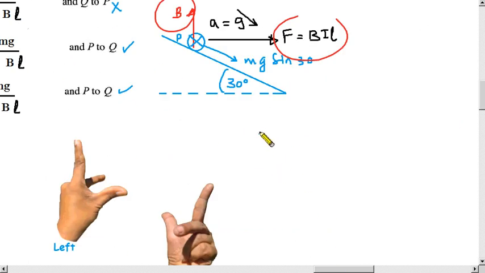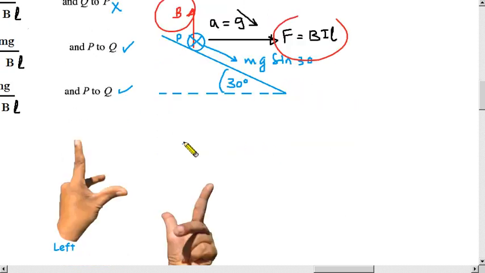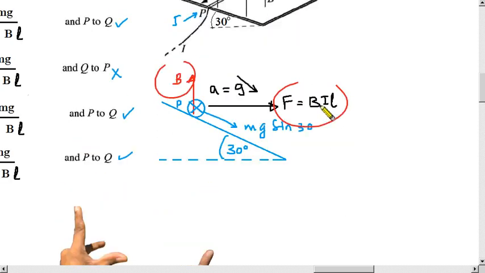Now the magnitude. If the current is going P to Q and there is a cross like this, the force is definitely to the right side according to the left hand rule. So the force is this way. Now we have to get the component along this direction.